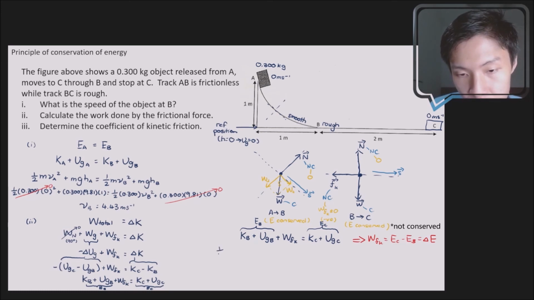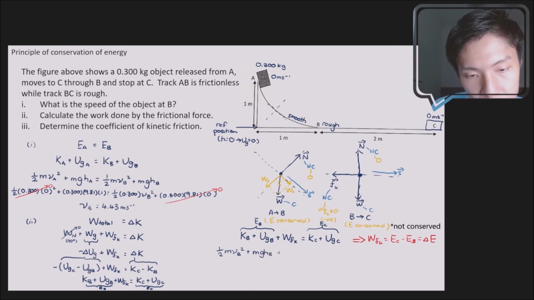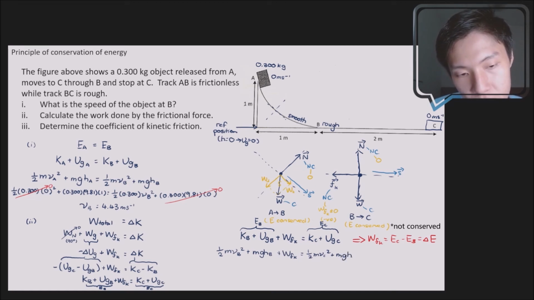Substitute in the relevant formula for kinetic energy and potential energy. So half m v squared plus m g h_B plus the work done by kinetic friction, leave it as it is. It should be half m v_C squared plus m g h_C. Now substitution, half, mass of the ball is 0.300.